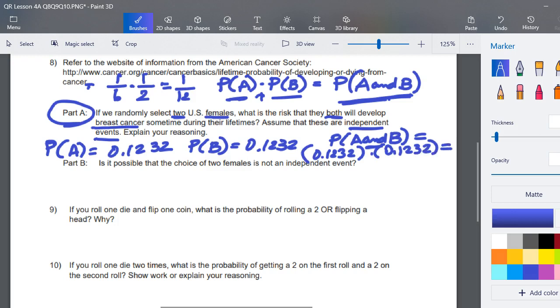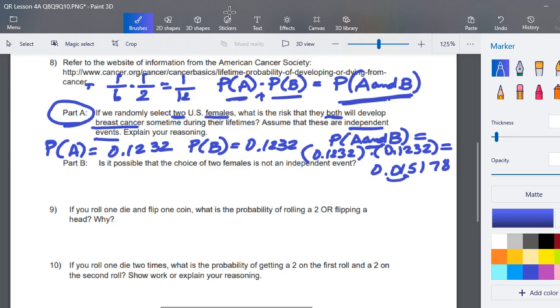Grab your scientific calculator, and we'll punch these in. And I get a number like this, the number is longer, but when we get a number like this, we're going to go ahead and convert this to a percentage.